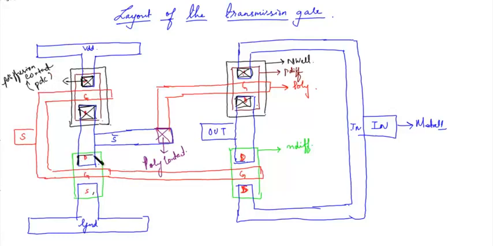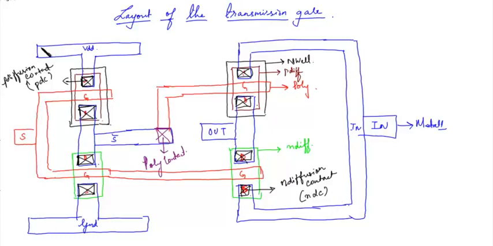This N diffusion layer is to be connected with the metal. So this is the N diffusion contact, that is the NDC contact.